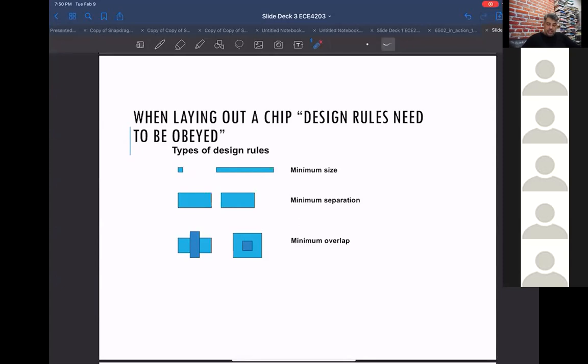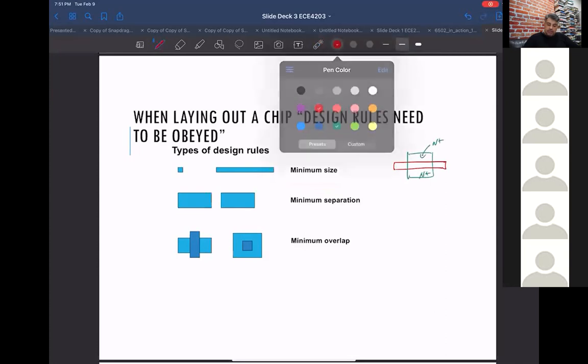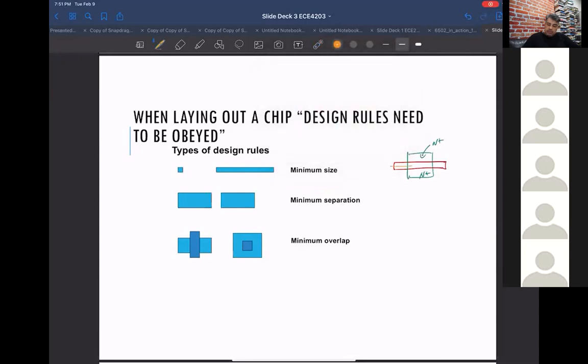The first thing is you can make these rectangles too small. Looking at it from the top down, let's say you had your poly sitting on top of your active. Let's say this was n plus and n plus. Now, if you make this poly really super narrow, they won't be able to print that in the fab in that particular process.